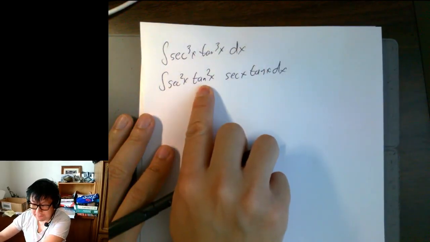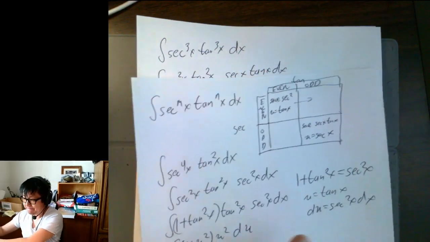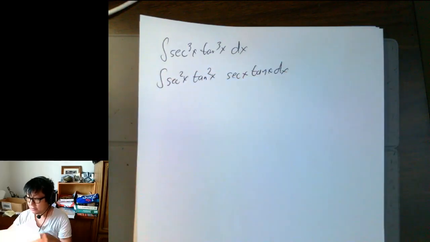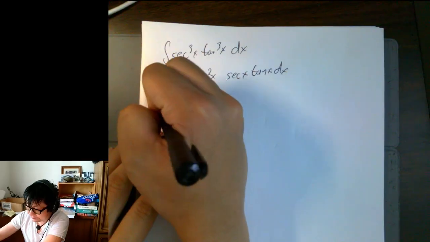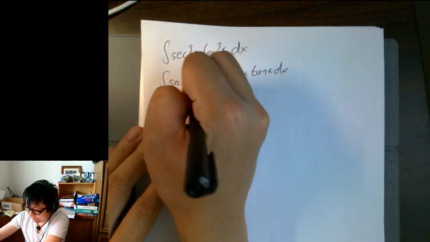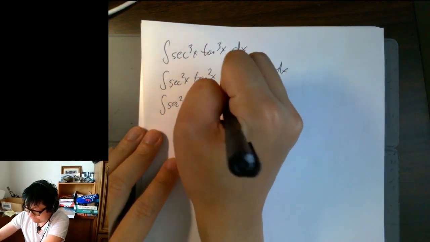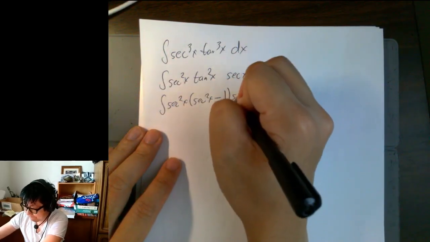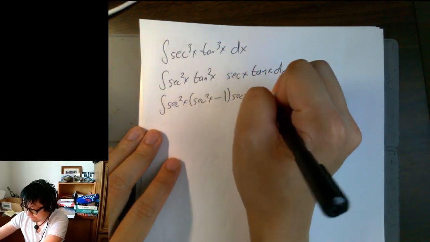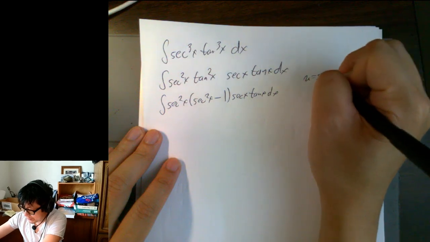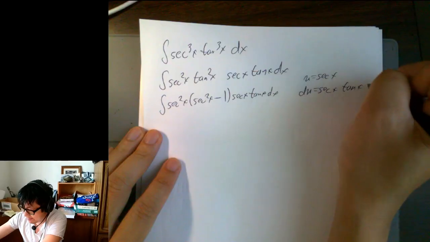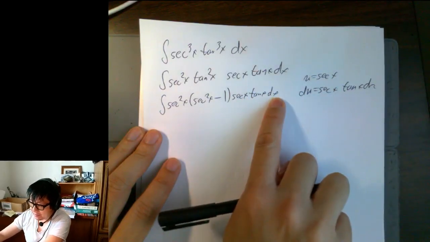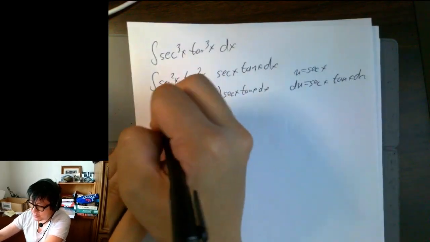I'm going to use my Pythagorean identity to convert tangents to secants now. u equals secant x, du is secant x tan x. This is an exact copy of my du. I replace my u's and du's.